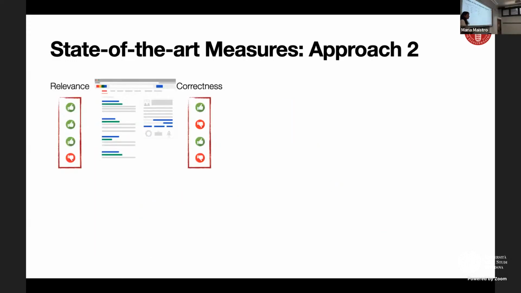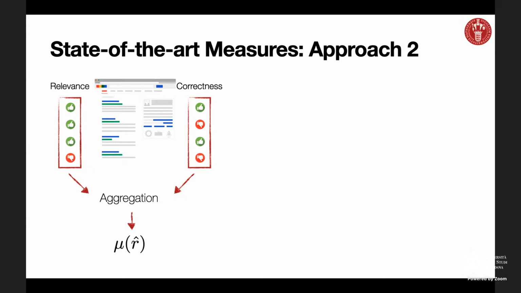So the second approach that we have in the state of the art, again, we assume this example that we have two dimensions or aspects, but now the aggregation is at the level of labels, not at the level of scores. So you somehow need to aggregate these labels depending on different strategies, and then just compute a single measure on the aggregated labels.